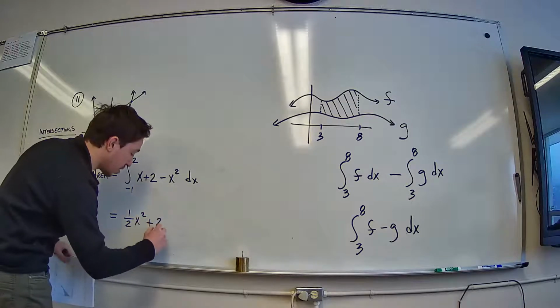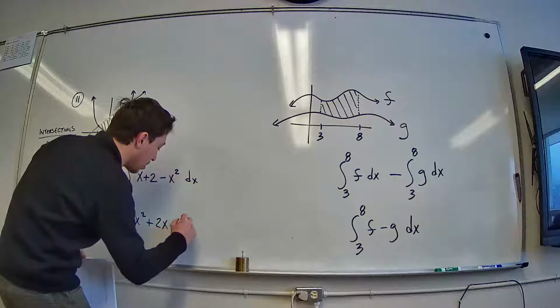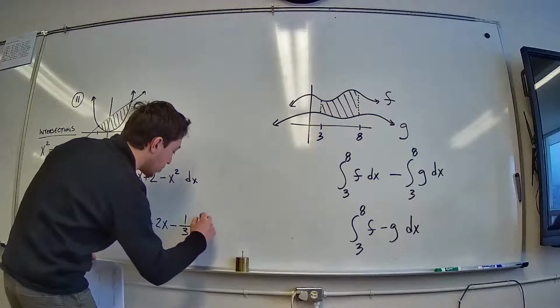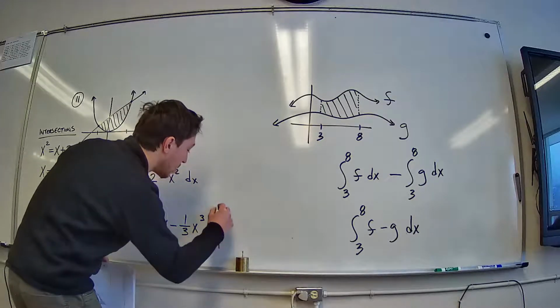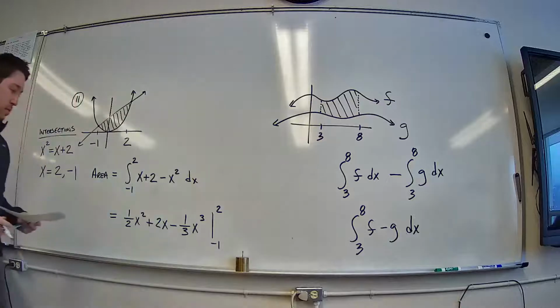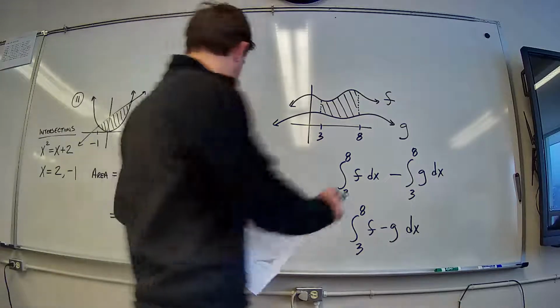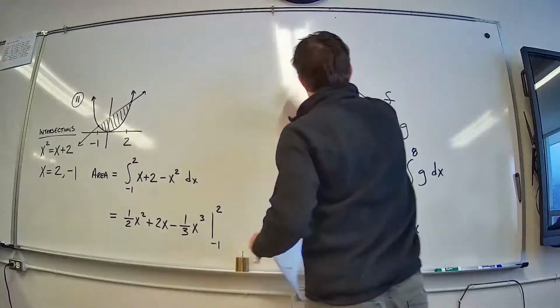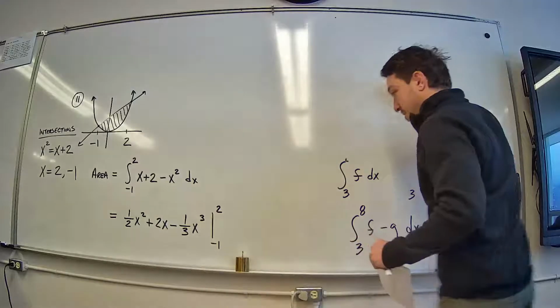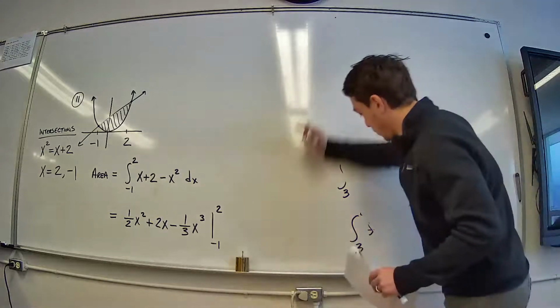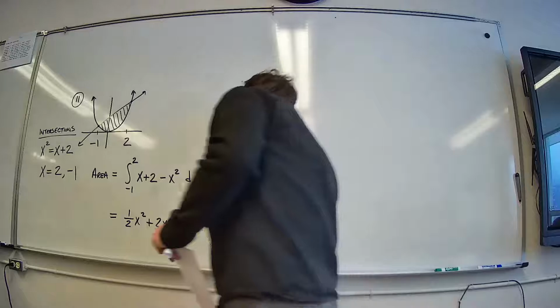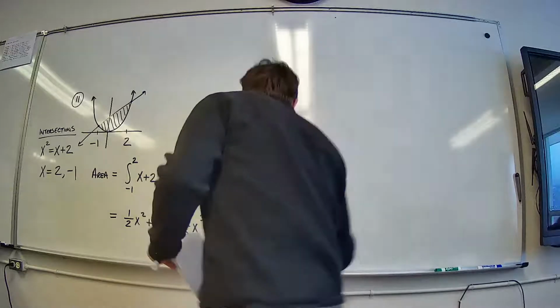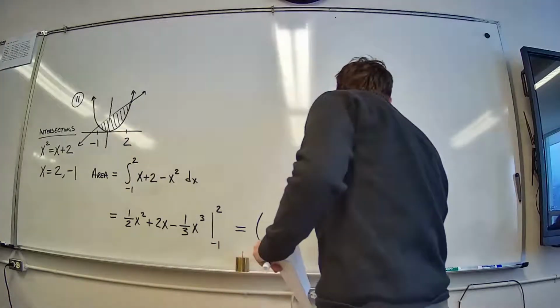Integral of 2 is 2x, minus 1/3 x cubed. This one's not that easy, because you have to do 6 plug-ins, which is never trivial.